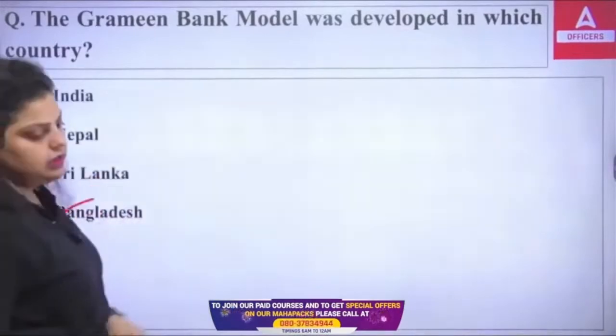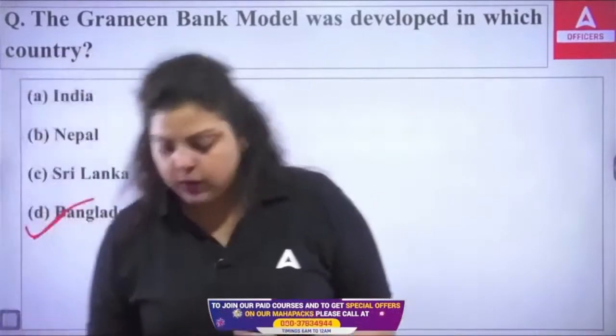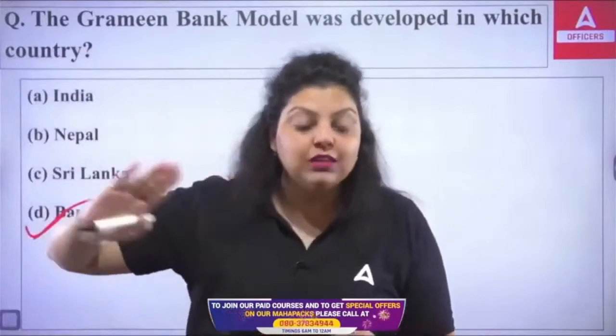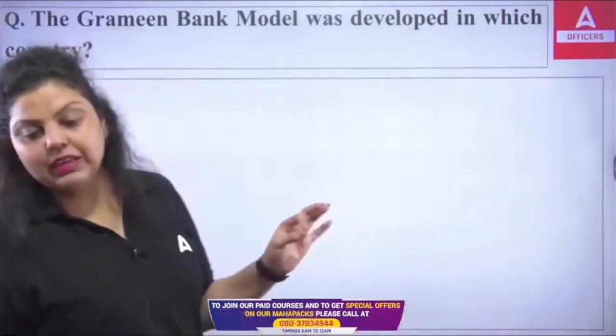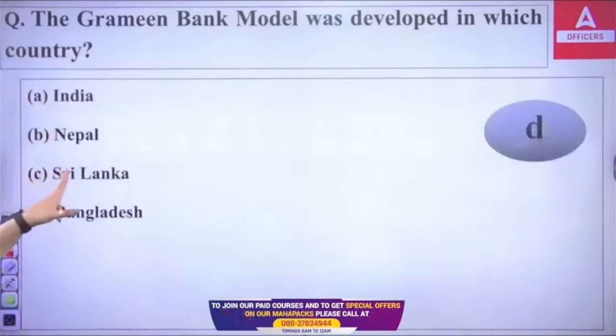In Bangladesh, the money lenders, the sahukars, used to exploit the persons who took loans from them. They used to charge a high rate of interest, and that's a kind of demerit. So the Grameen Bank model was introduced to safeguard these people from the money lenders, sahukars, etc. So this was Bangladesh.